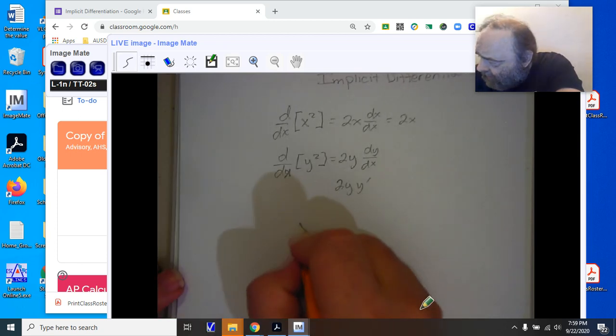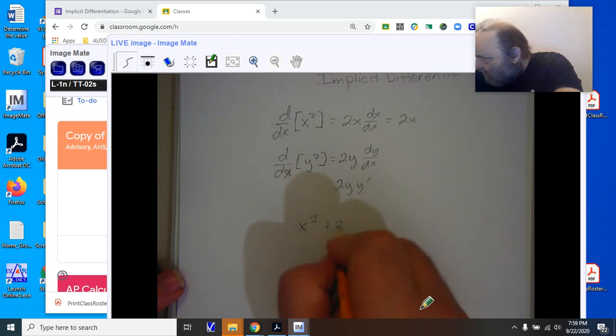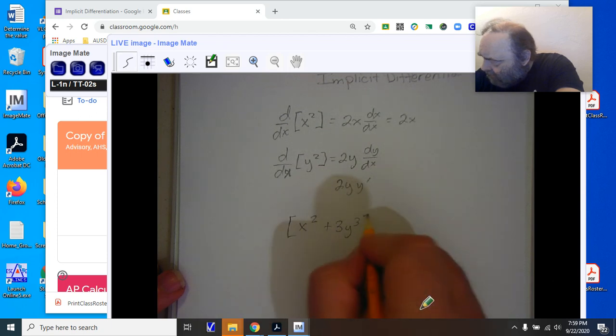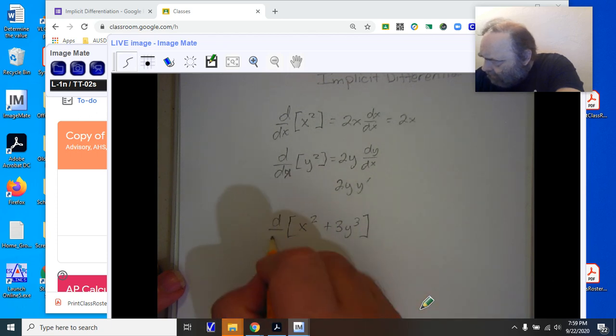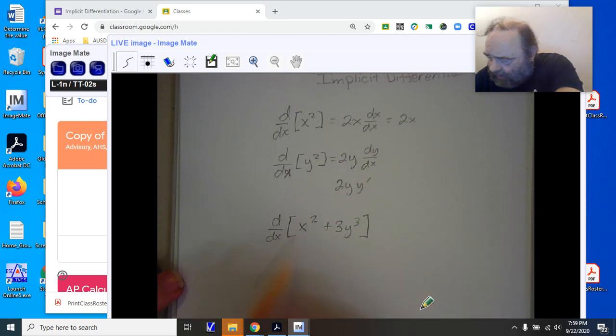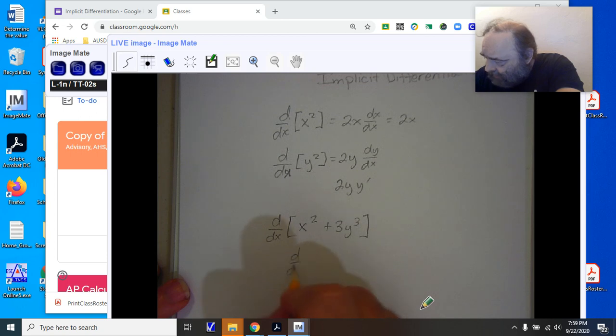What happens if I have x squared plus 3y cubed, and I suddenly have a binomial? In this situation, I'm going to go ahead and do my derivative. So I have my d/dx of the x squared, which we're going to do normally.